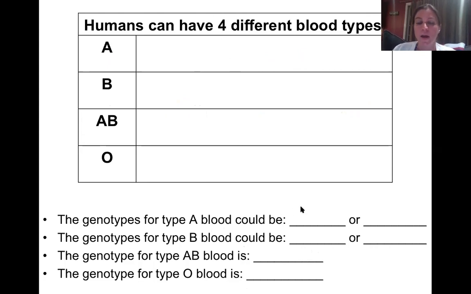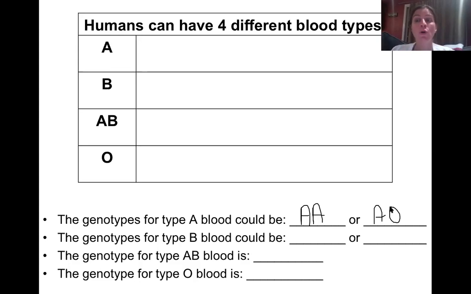Okay, so A blood, you can either be A, because remember you've got 2 alleles, or you can have O blood. So people that have A blood, you can either have AA or AO.